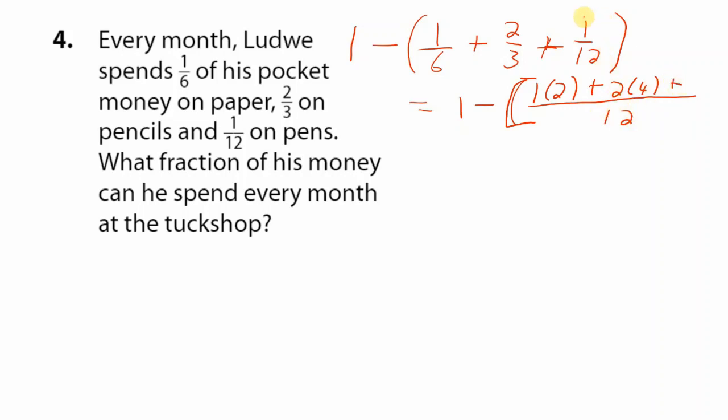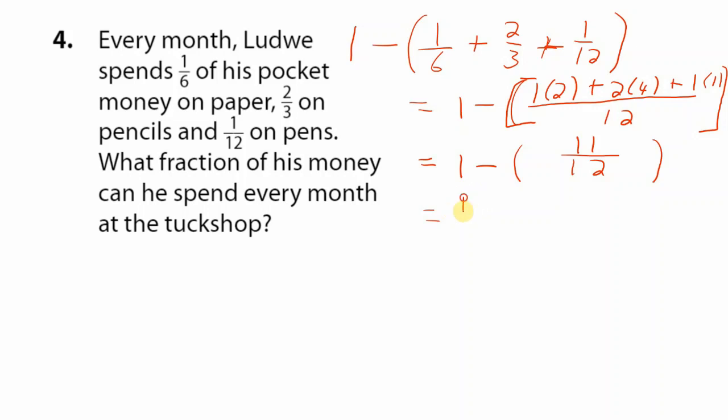And we already have 1 over 12. So we have in fact 1 minus the bracket over 12. If we simplify, we have 2 plus 8 is 10 plus 1. So we have 11 twelfths.